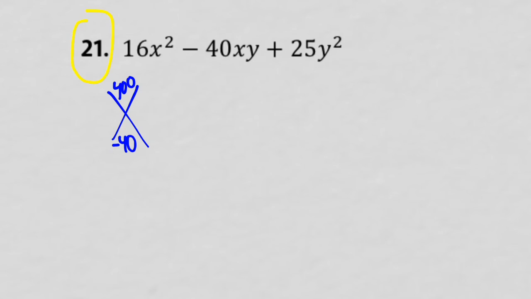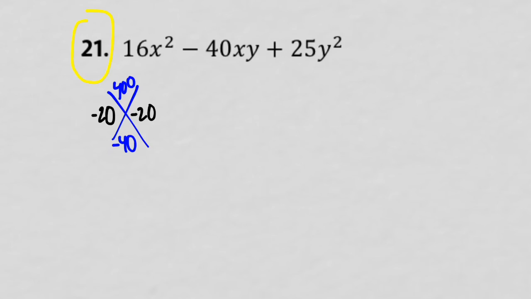All right, two numbers that multiply to make 400, but combine together to make -40. Not as obvious as many of the ones that we've seen, but you should be able to see that it's -20 and -20. Right? -20 times -20 is +400. -20 and -20 together make -40.